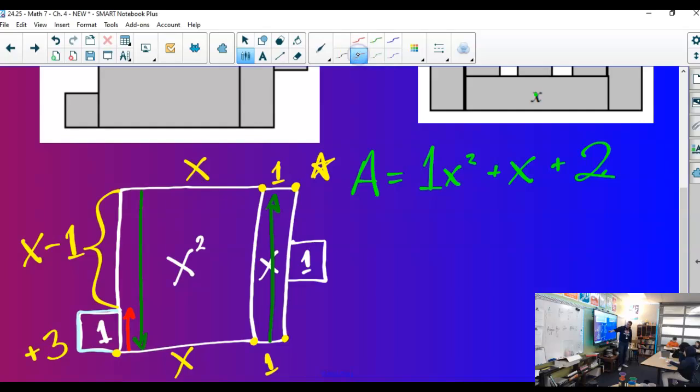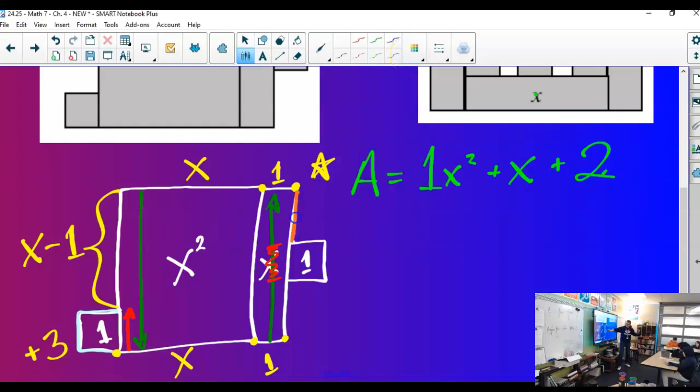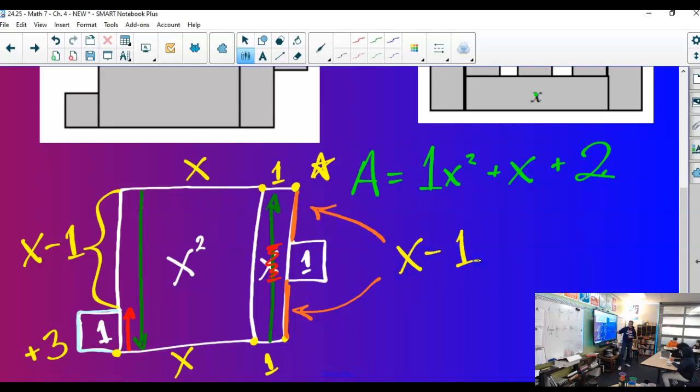X. X, but the fact that I'm missing from here to here, what am I missing? 1. You have to make sure you draw this in a way that makes sense on your paper. This and this together, that and that together would be x minus 1.